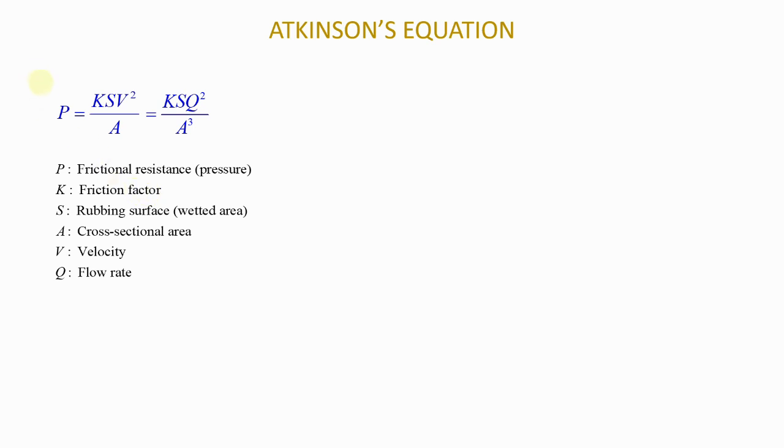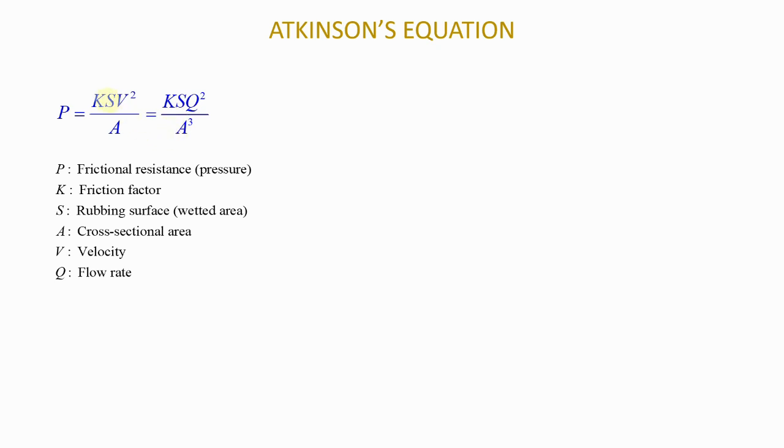Now, when it comes to Atkinson's equation, you have to decide which format of the equation you're going to use. You can use the first format, where it's KSV squared over A, or you can use the second format, where P is equal to KSQ squared over A cubed. Okay, these two are equal.